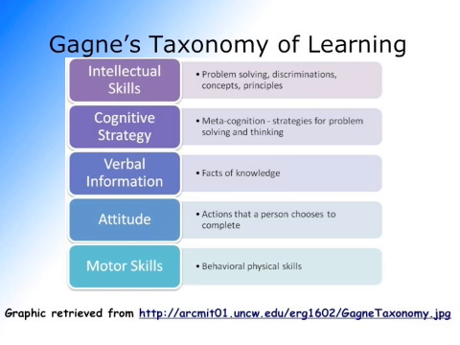So let's talk about Gagne's taxonomy of learning, since that's such a big part of this. He has identified 5 levels of learning in his research, of which intellectual skills is probably the most complex. We're going to talk about all of these, but there are levels of intellectual skills that entail problem solving, discriminations, concepts, definitions, principles.